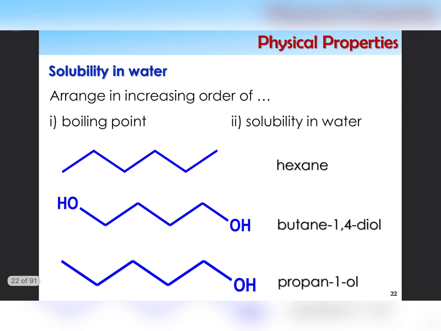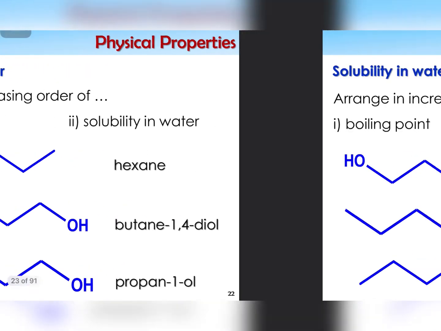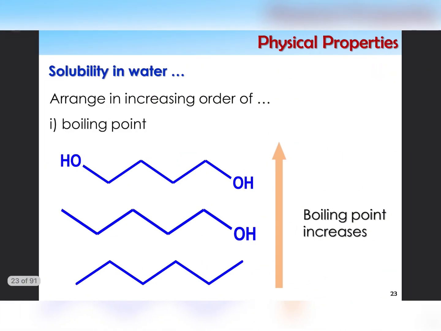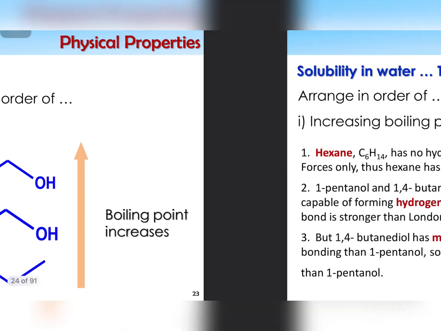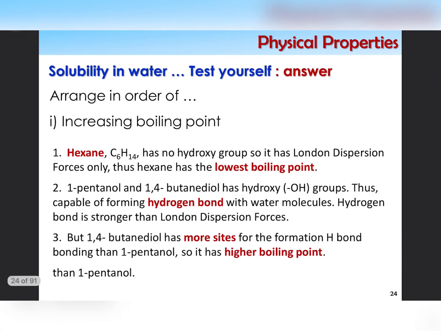Right, so let's do this exercise. Okay, so you have this and arrange them according to boiling point, increasing order of boiling point and increasing order of solubility. So here is your answer untuk boiling point. Increasing because ini tak ada OH, 1 OH group, 2 OH group. So the first structure hexane tak ada hydroxy group, so it will make hexane the lowest boiling point.